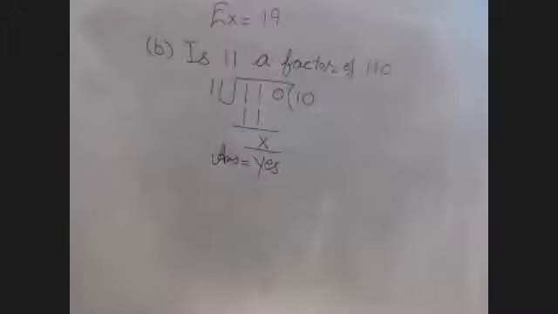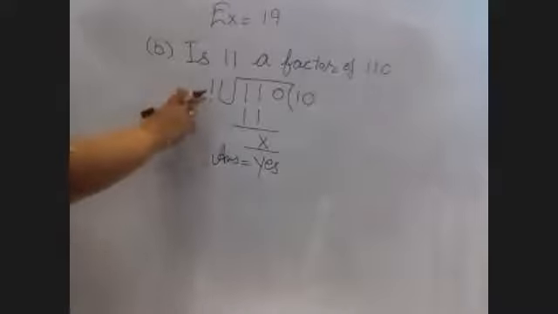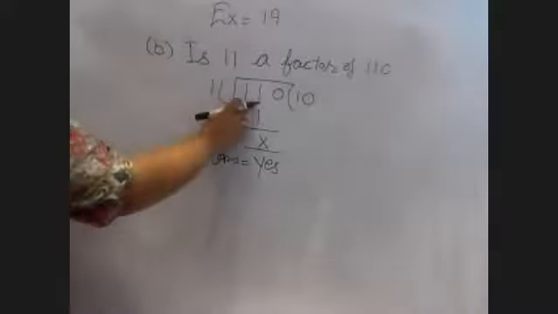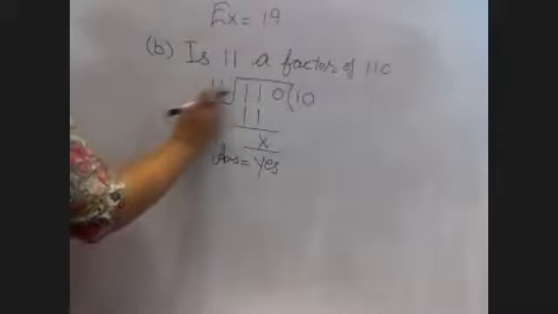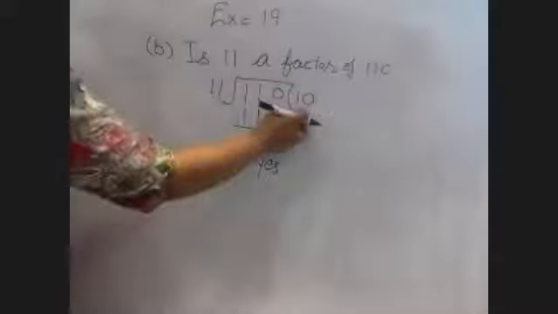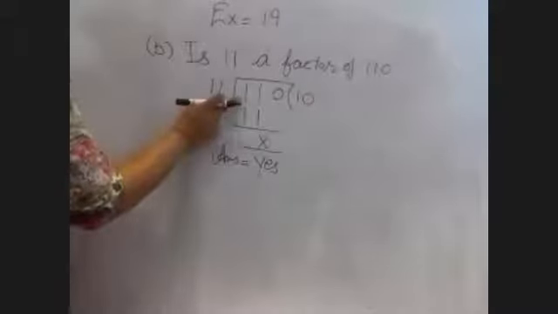The number by which we are dividing, for example, here we are dividing by 11 and our dividend is 110. So it means 11 and 10 both are factors of 110.